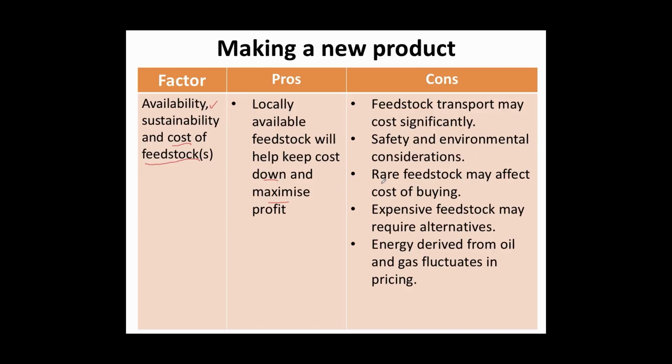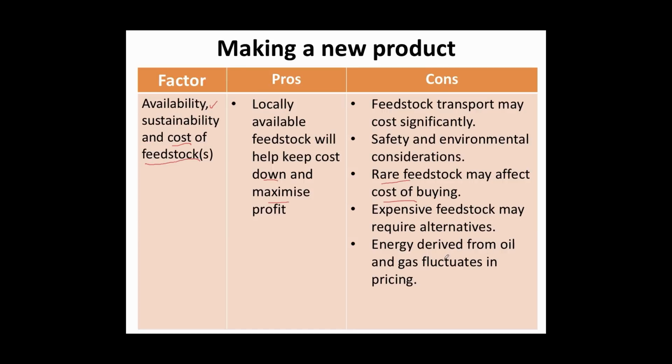Keep in mind, if your feedstock is rare, then you may think about the cost of buying it, because if it is too expensive, then your end product will become very expensive, and a very expensive end product may not be very attractive for people to buy, and as a result you could end up at a loss in producing it, because simply you can't sell it.